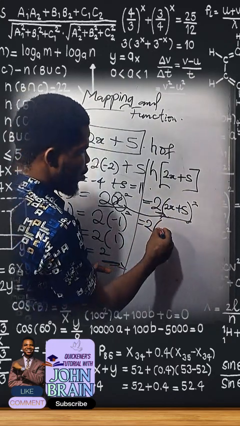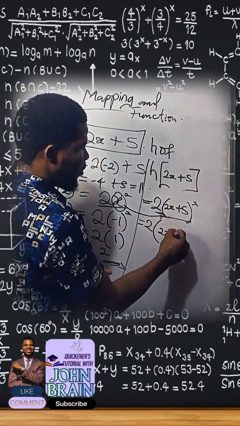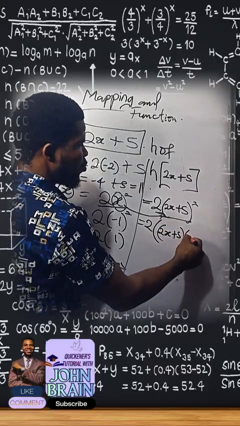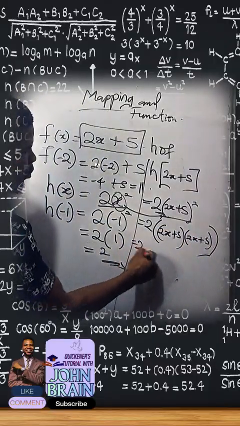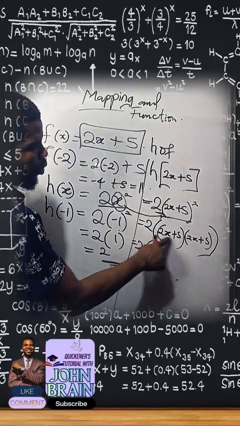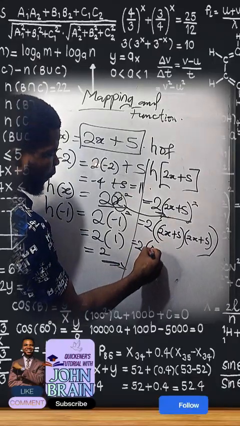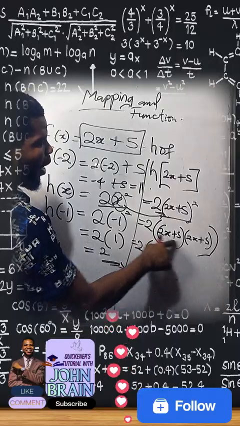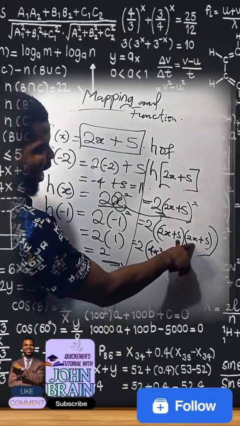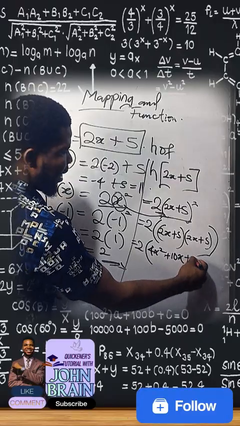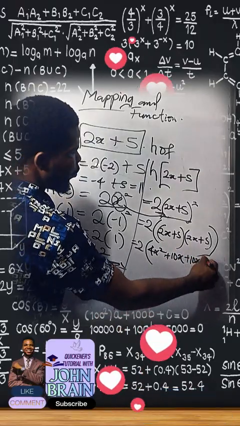Now when you square this, it means 2s plus 5 and another 2s plus 5. How do you multiply this? Let's go. 2s times 2s, that's 4s squared, right? Now 2s times 5, that's 10s. Now 5 times 2s, that's 10s. 5 times 5, that's 25.